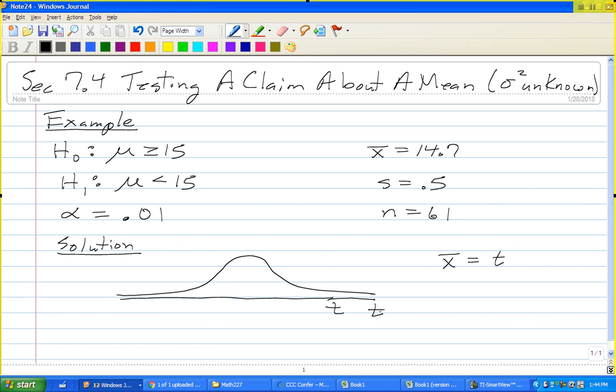And since we have the alternative hypothesis being less than, then I will have a left tail test. Alpha is 0.01. My degrees of freedom are 60. I can look at my table, but I'm going to be lazy.